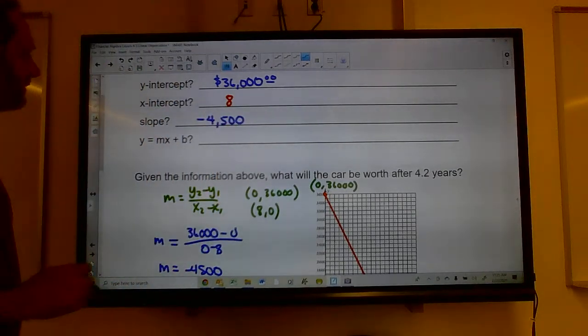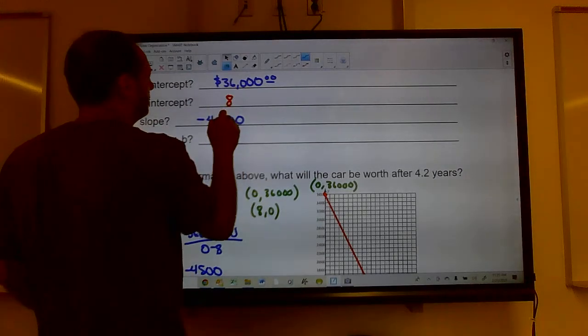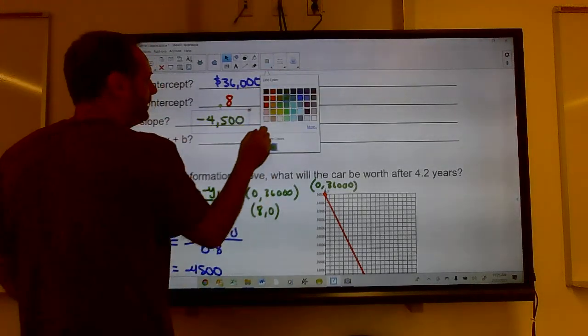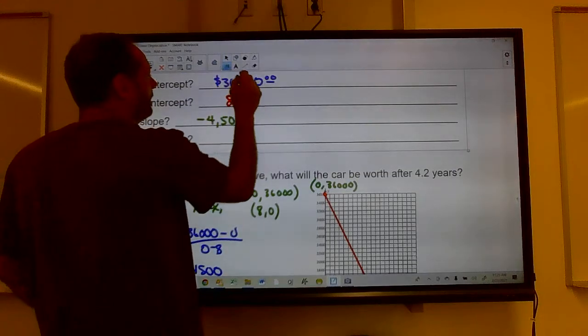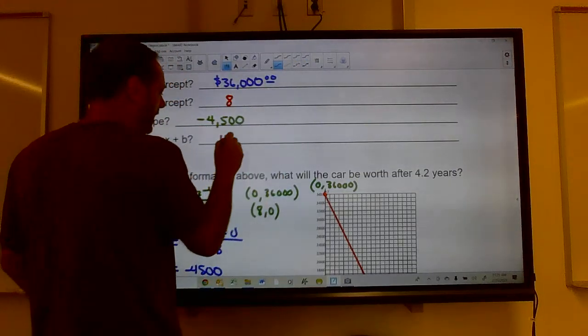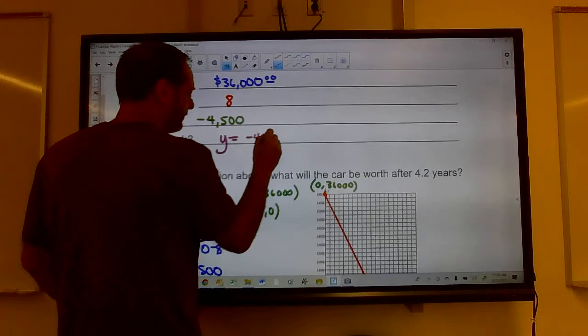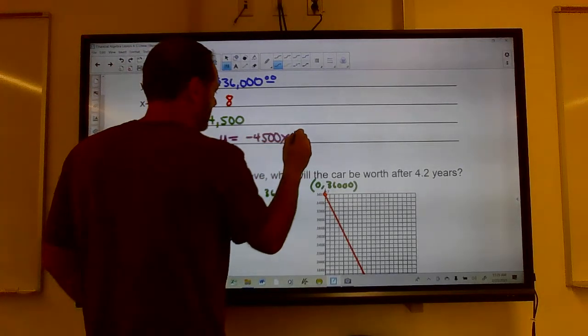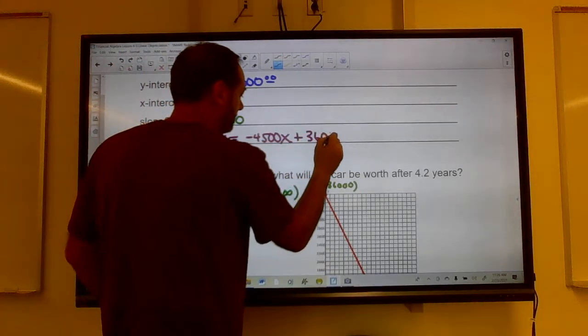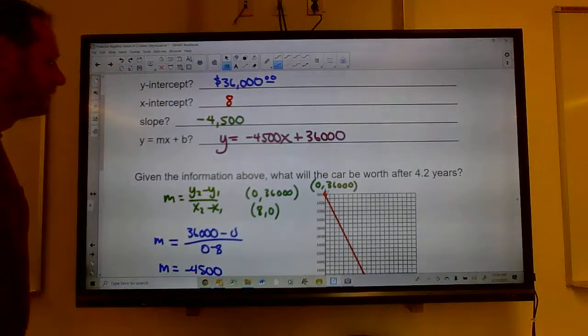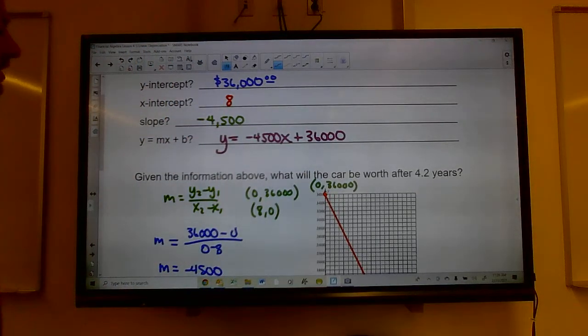Okay, so y equals mx plus b is going to be y equals negative 4,500x plus 36,000. Then the question was, how much is the car going to be worth after 4.2 years?